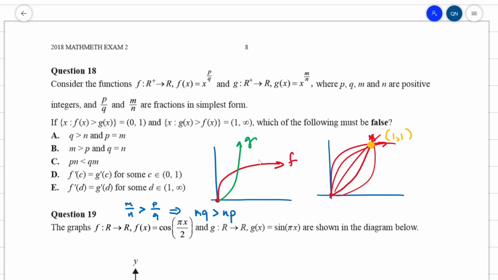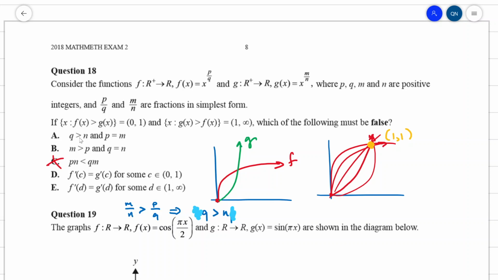So which one of the following must be false? It's not going to be C, because that's pretty much the equation we just wrote down, just in a different order. What else do we have? I don't think it's A and B either, because if p and m are equal to each other, then you can just ignore them, and you require that q is greater than n.